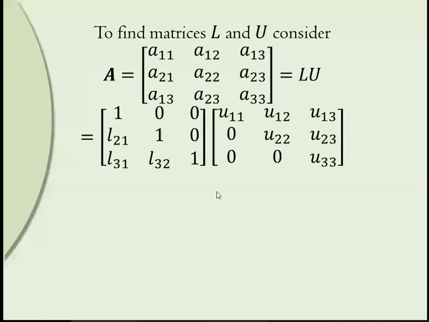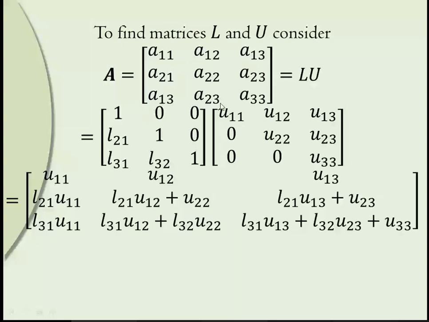So A is that given matrix, write it as product of L and U. Now we take the product of two matrices. If you want to find the first row, first element, then take the first row of this, take first column of this. Okay, that gives us 1 into U11, 0 into 0, 0 into 0. That will be this first entry.